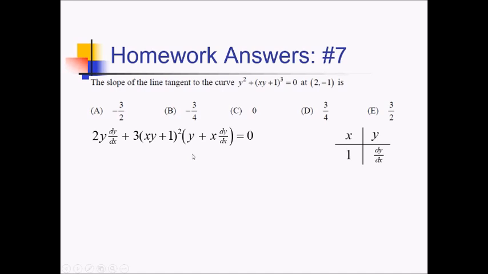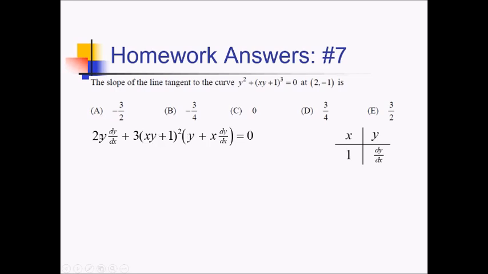3y(xy + 1)², and we've also got this 2y dy/dx in the beginning. Plus, this is going to be 3x(xy + 1)² dy/dx. All that equaling 0. Let me just isolate this stuff with dy/dx's.